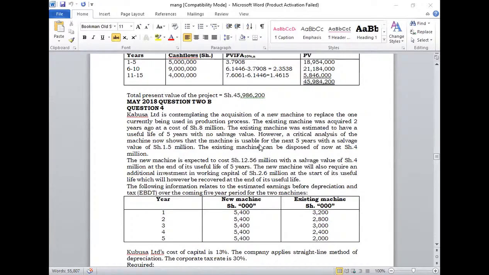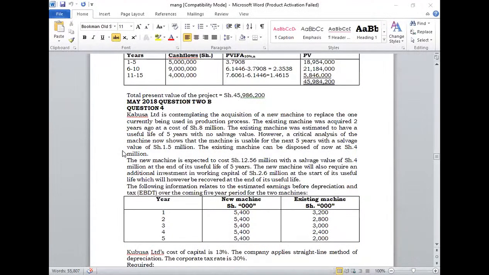The new machine is expected to cost 12.56 million with a salvage value of 4 million at the end of its useful life of 5 years.